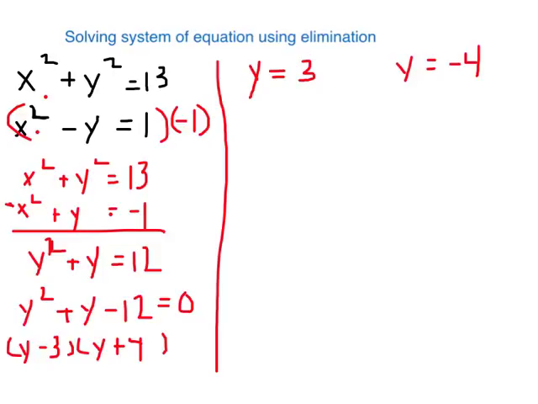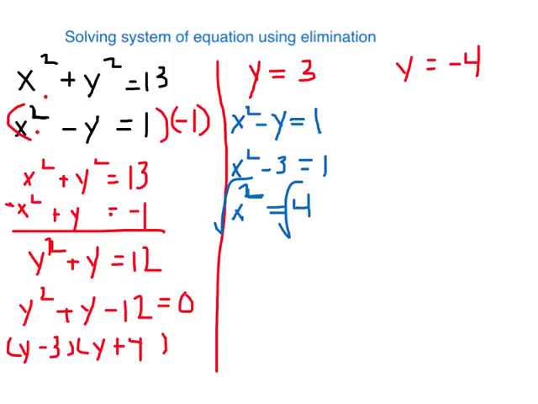The easiest one, I would say, would be this one, the x squared minus y equals 1. So let's plug 3 in. We get x squared minus 3 equals 1. So x squared equals 4. If we take the square root of both sides, we get x equals plus or minus 2.